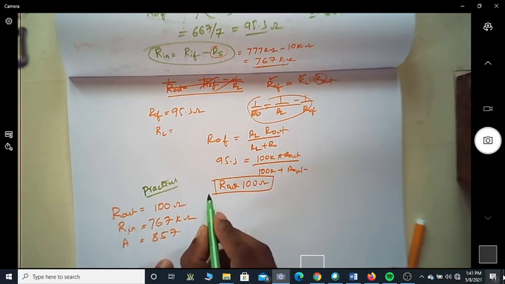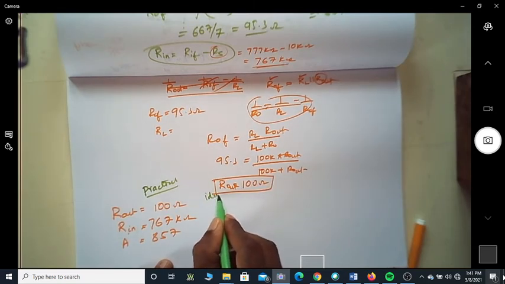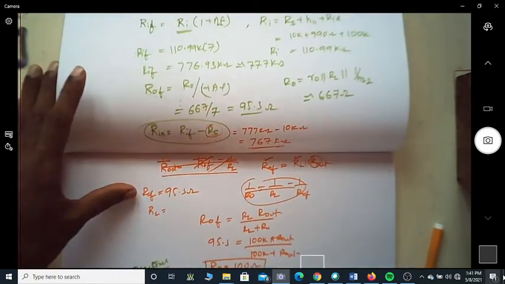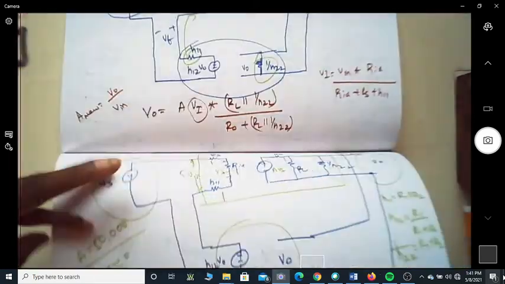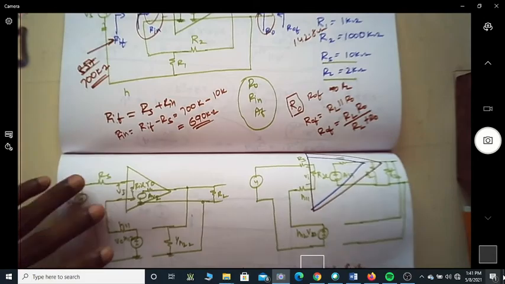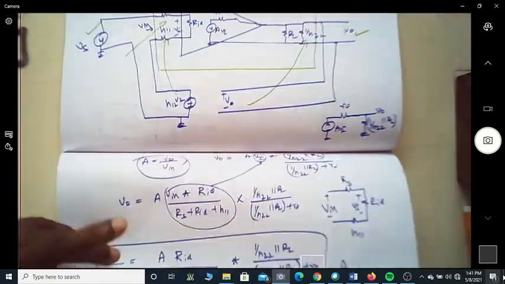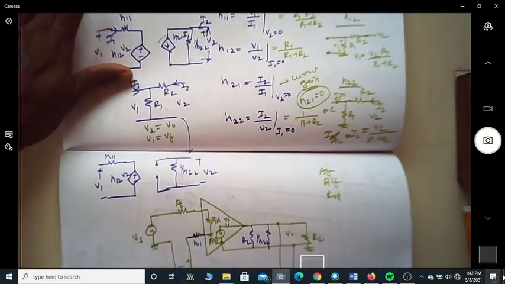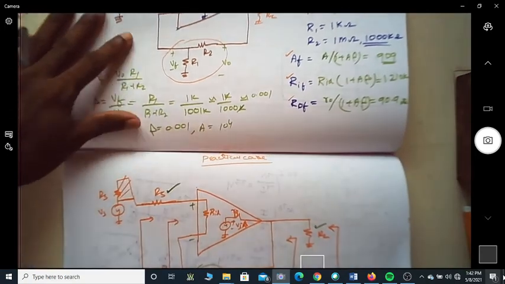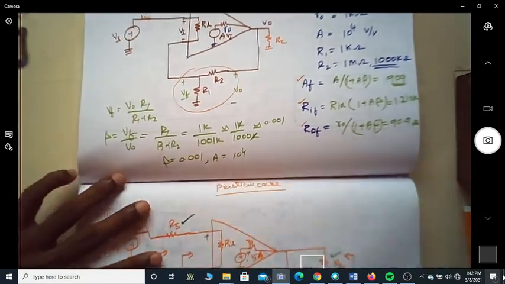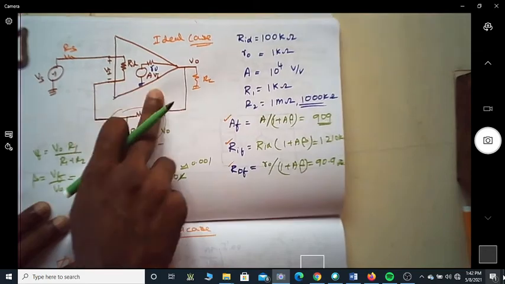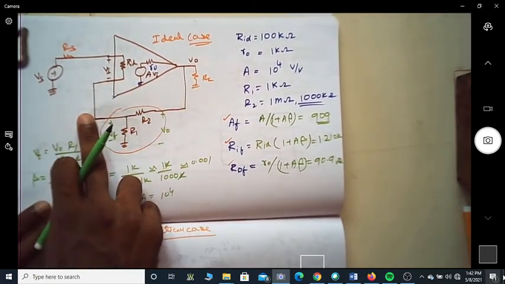How about the ideal case? We found it in the previous video. Here there is ideally no loading effect at all.